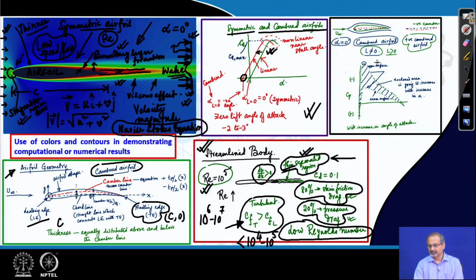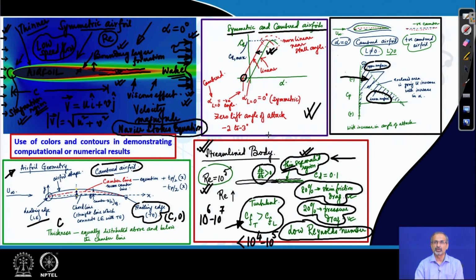In this case, the upper surface and lower surface pressures are expected to be the same, and therefore, there would be a single line. But when it changes its angle of attack, when it becomes other than 0, then you would find that there would be an area enclosed within the two curves, and the curves would separate out.